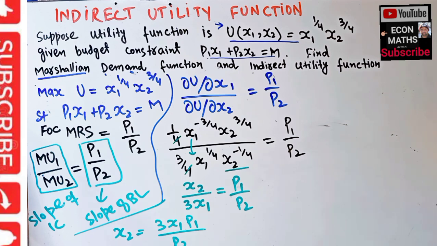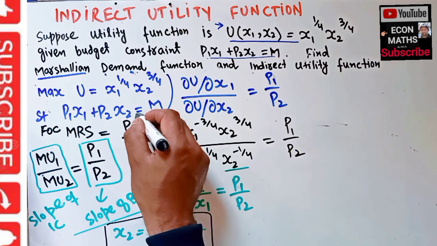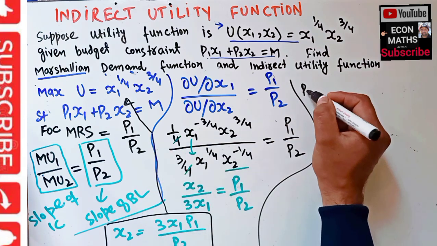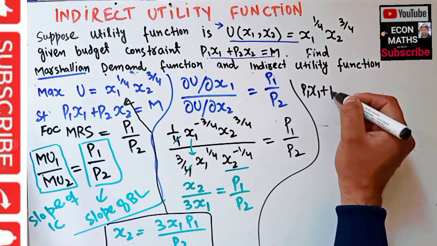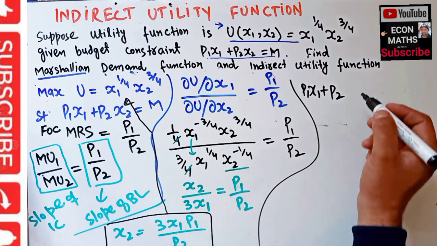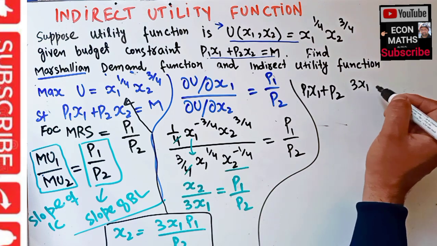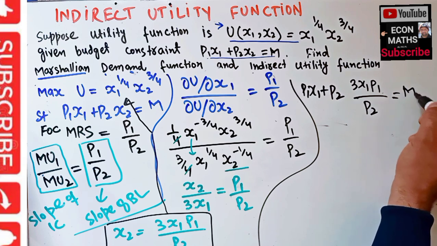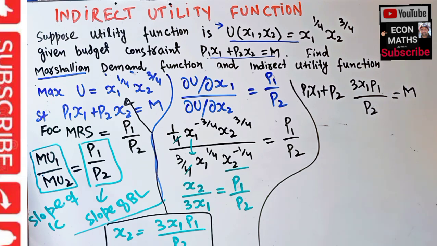Now what will we do? Simply plug this value of x2 back into the budget constraint. In place of x2 I will write this expression. So we have p1 x1 plus p2 times 3x1 p1 divided by p2 should be equal to m. Here p2 and p2 will get cancelled.